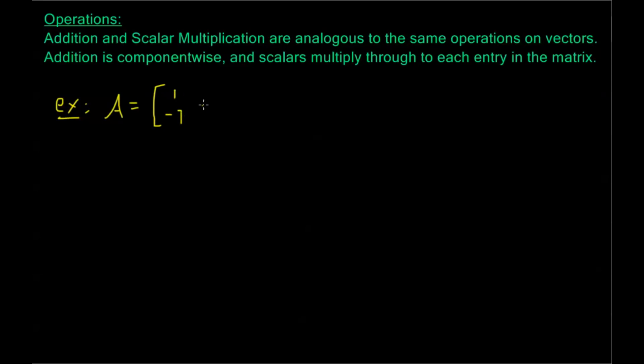So let's say I have these couple of matrices. Now let's make C a little bit different than these two. Let's make C a 2 by 3 matrix.